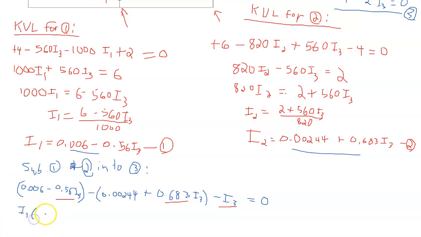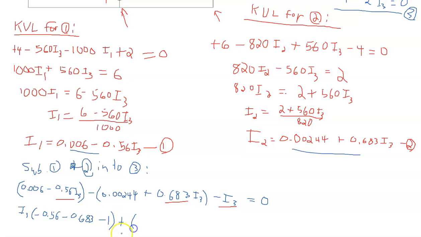I3 then outside of negative 0.56. And so the negative sign says subtract 0.683, and of course the negative sign here means -1.